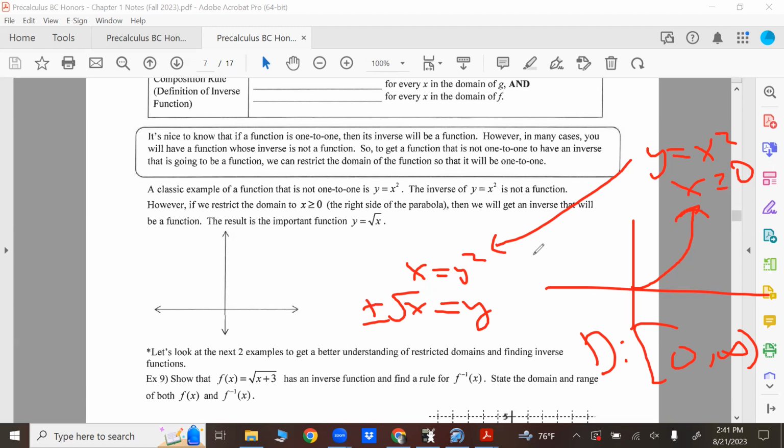Because everything switches, not just these two letters. So you can get rid of the plus or minus symbol and state that y must be greater than or equal to 0. Therefore, you're forced to keep the positive root x, not the negative root x. And it'll look like this.